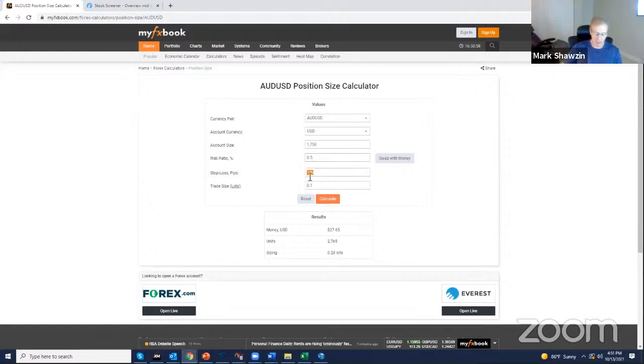And then our stop loss was about 80 pips away, call it 85. You hit calculate. This is in mini lots. You could do 1 mini lot and risk $8.75 of your $1,750. And if you want to risk more, it's a dynamic thing. If you like it, go to 1.5%, what have you, then obviously your lot size is going to be bigger.